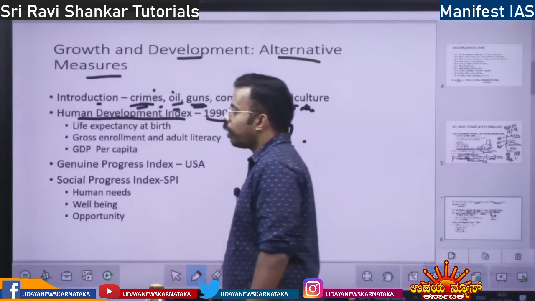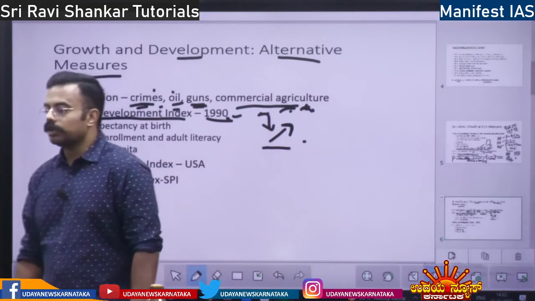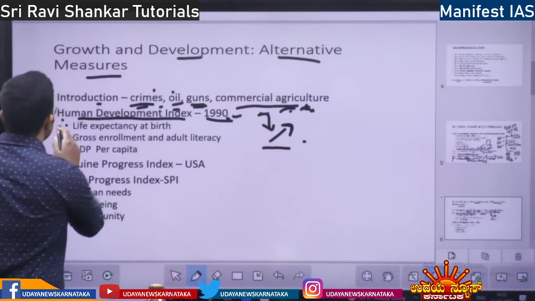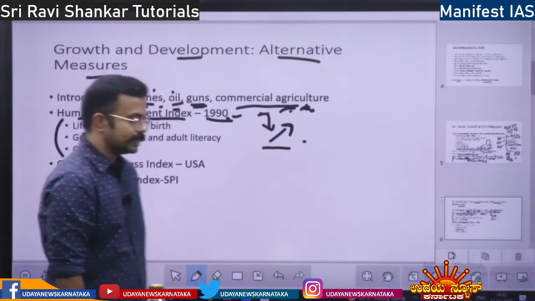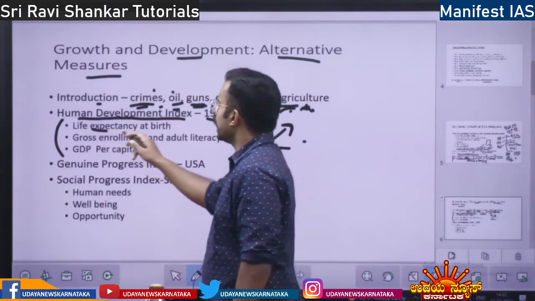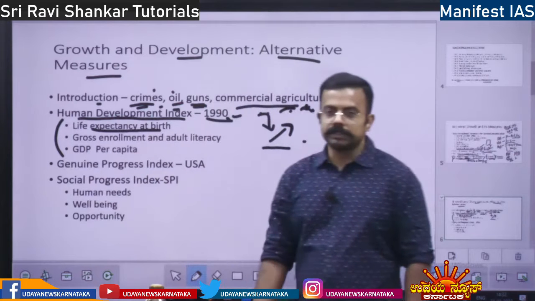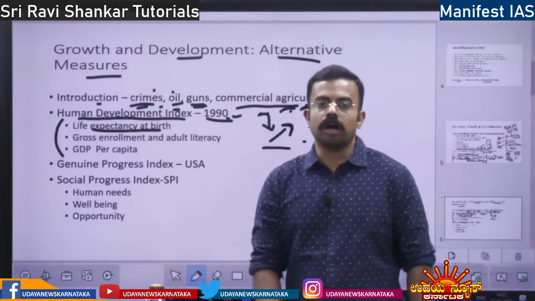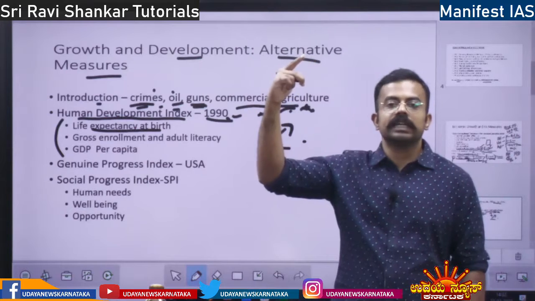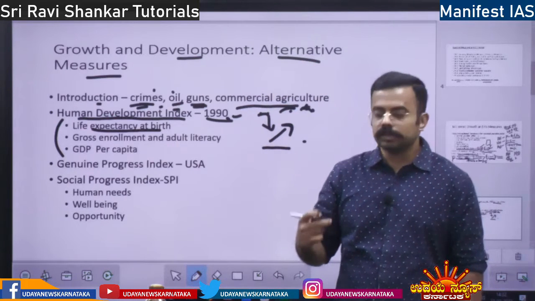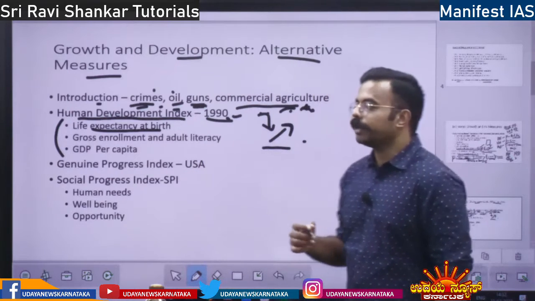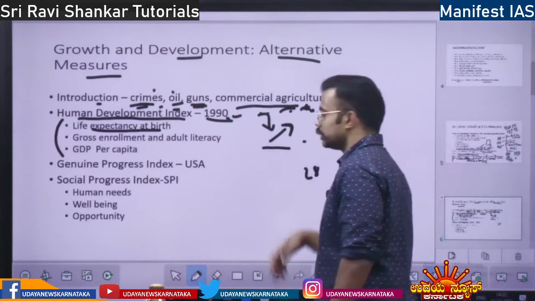Okay. So on what basis is the Human Development Index measured? It is measured on 3 indices. So what are the 3 indices? First, life expectancy at birth. When a person is born, what is his expectancy? Till how many years can he expect to live? During the time of independence, the life expectancy was just 28 years.